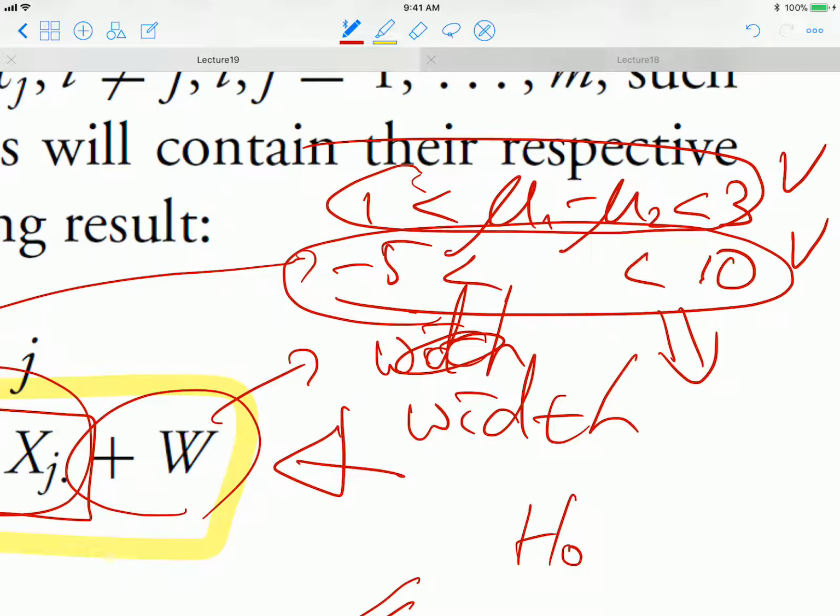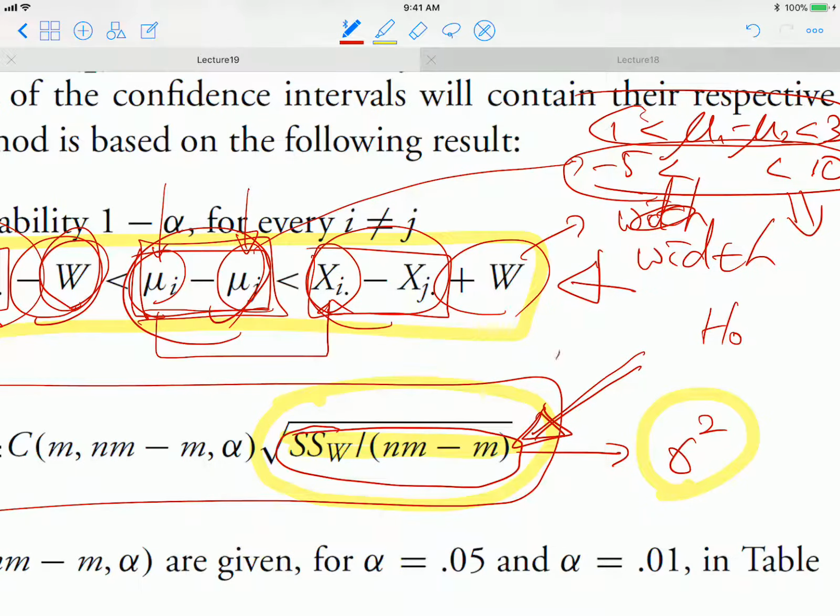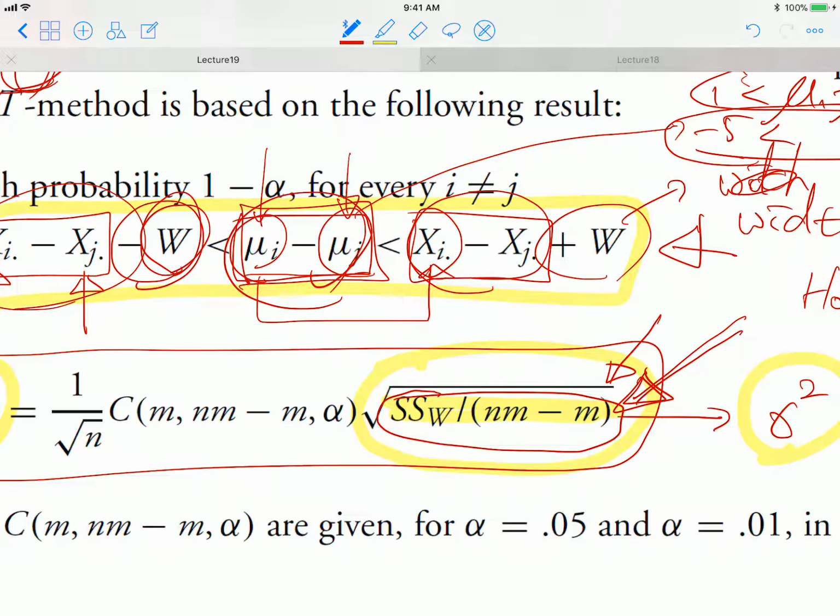Which one would you like better? A narrow one, right? Because it gives a much more informative estimate. So this guy is a bad guy. If it gets large, it will give us a larger uncertainty, right?